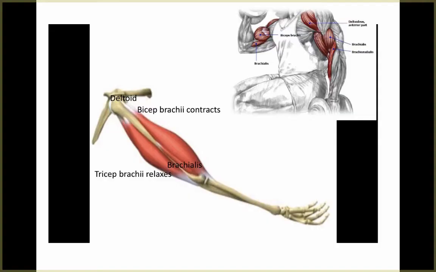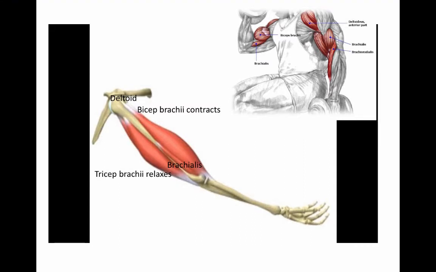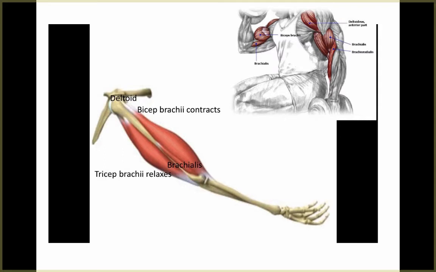So in here, we have up here, let me make sure, nope, it is not wanting to. What we're going to do is we're going to look at flexion. And essentially we're going to decrease that angle that's right there. And so if we look at it, it's going to be this muscle that's up in the front, right? So the biceps brachii is going to contract for a bicep curl, right?